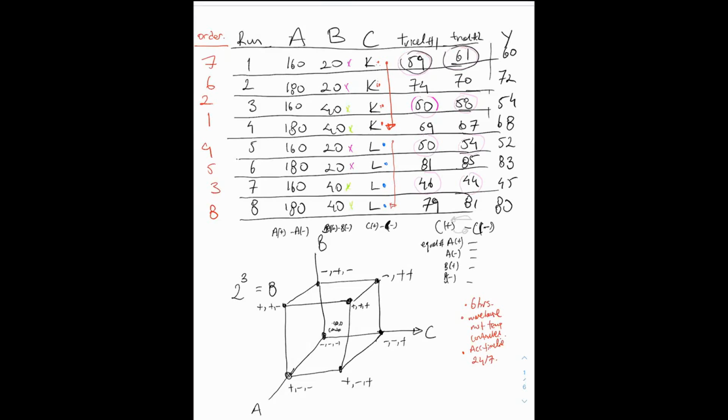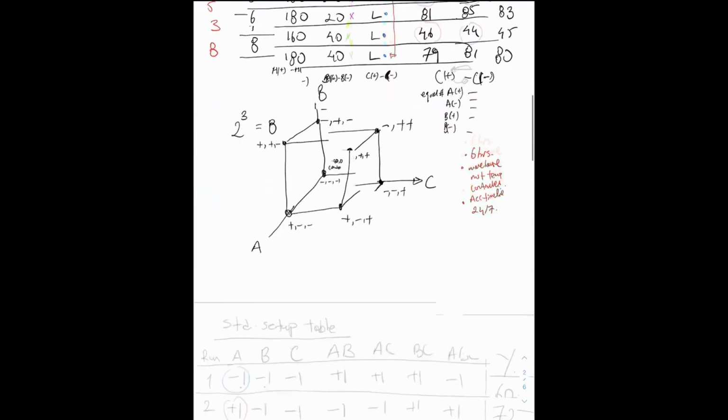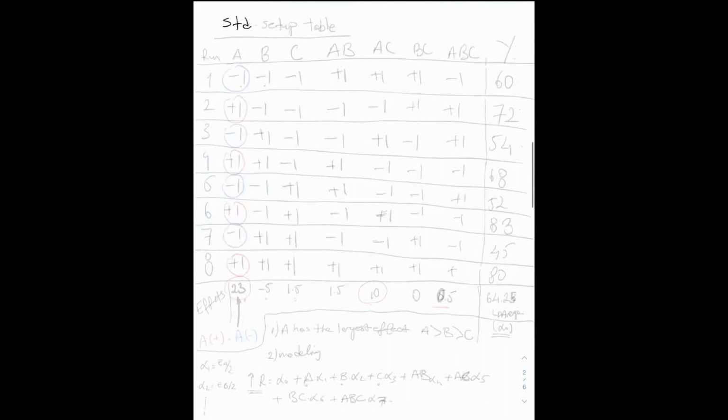So I'm going back to the standard setup table, and the standard table is going to say that we have 8 runs, so it will be 1, 2, 3, 4, 5, 6, 7, 8, and let's draw my lines here so that it will be easier to deal with.